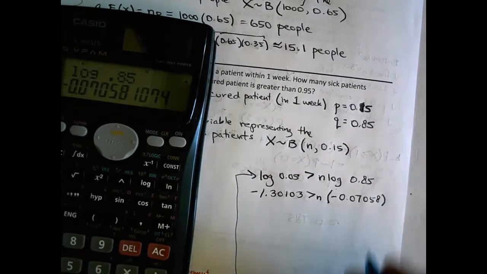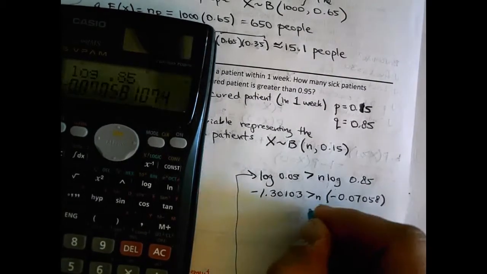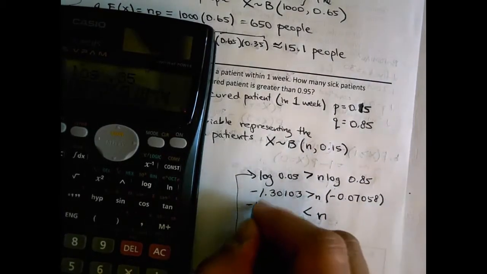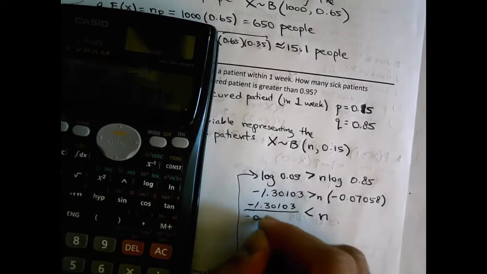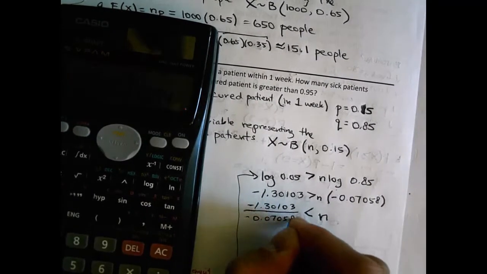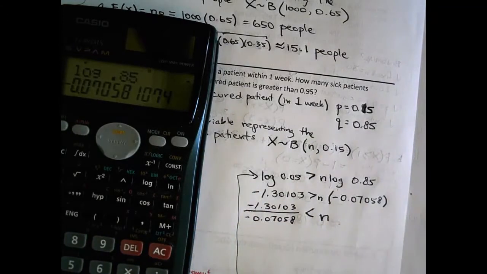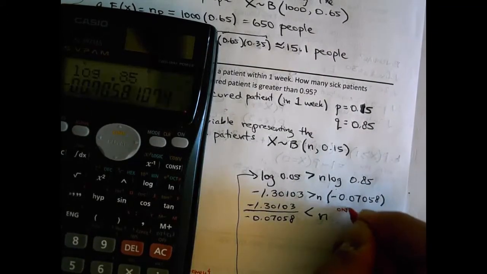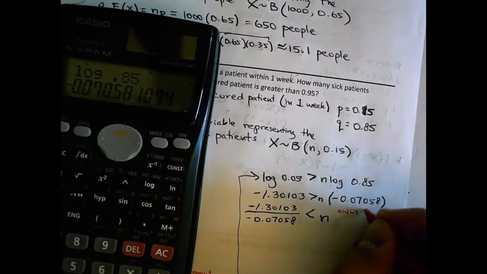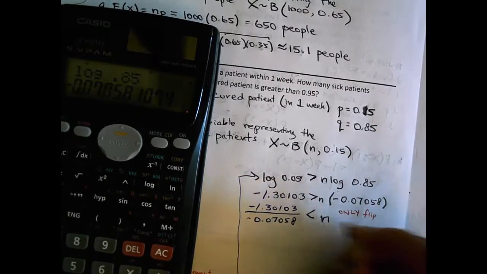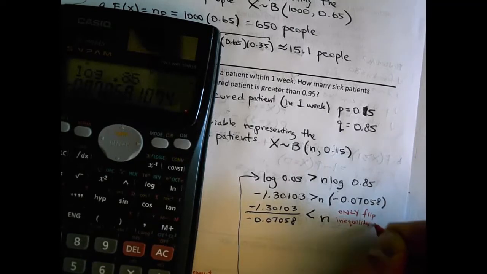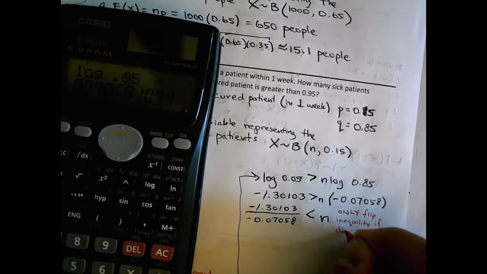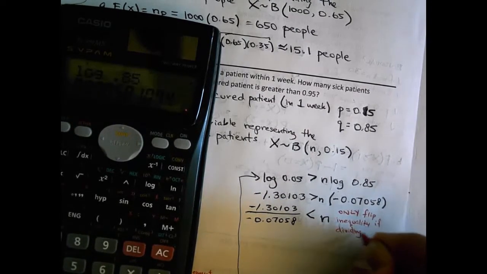So when I divide these, I have to change the direction of my inequality. So we'll just make a little note: only flip inequality if dividing by negative.